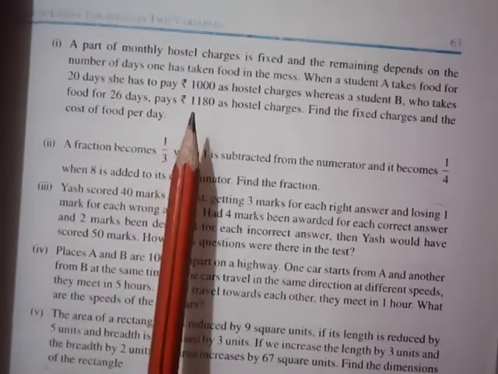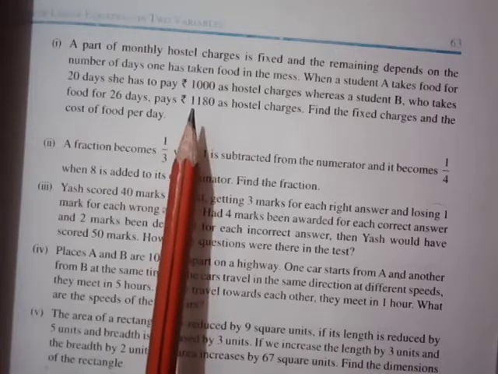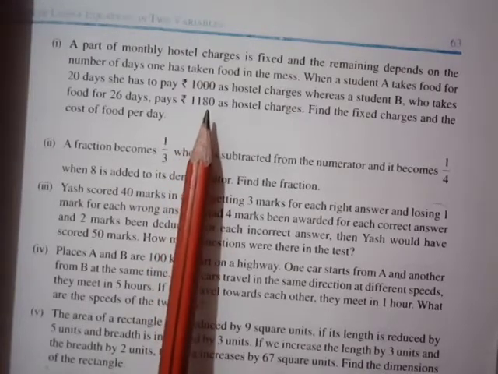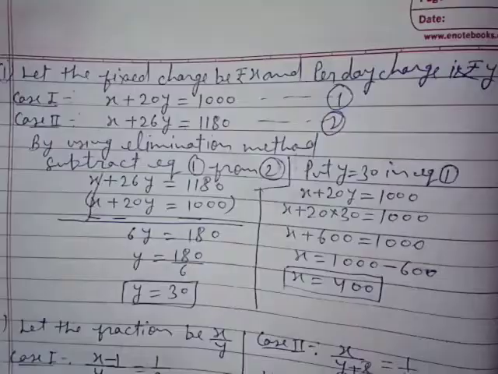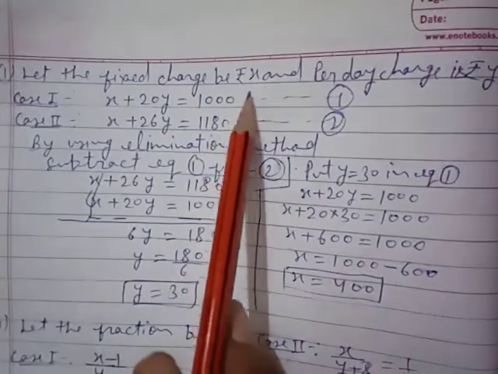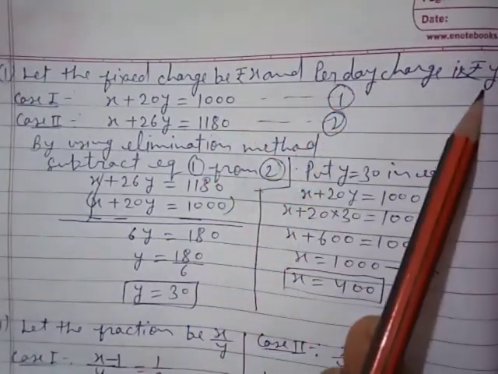In this you have to make equations and then you have to solve by elimination method. Okay, how will you solve? See, let the fixed charge be x and per day charge be rupees y.